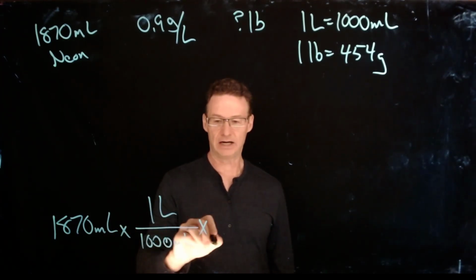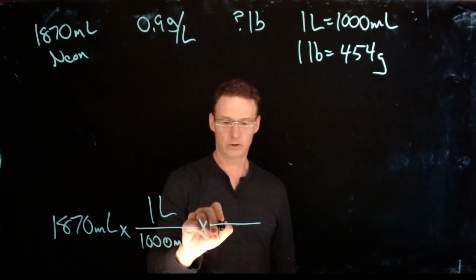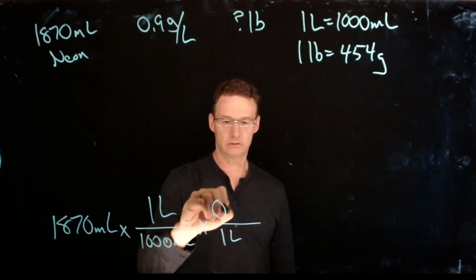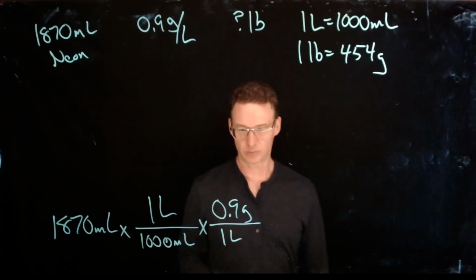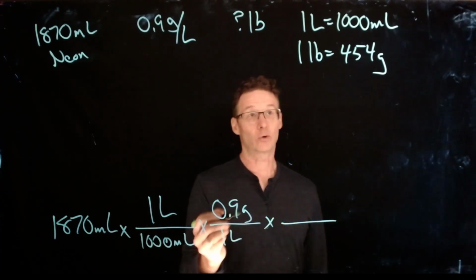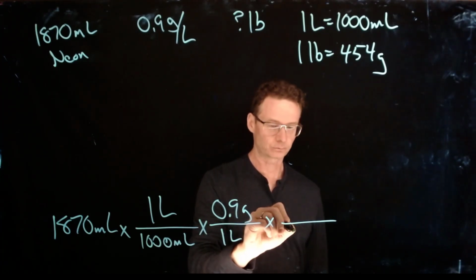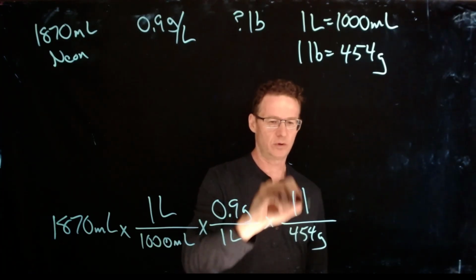And then we have our liters and grams, our density here, and we know that 1 liter of neon has a mass of 0.9 grams. That's the density, 0.9 grams per liter. And then we want to convert our grams into pounds. So 454 grams equals 1 pound.